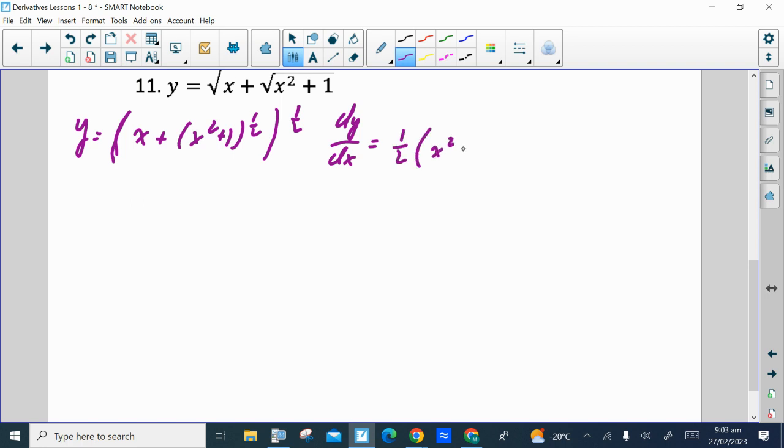So it'll be x plus x squared plus 1 all to the power 1/2. And then this power decreases by 1 to negative 1/2. But then we have to take the derivative. We multiply by the derivative of what's inside that big bracket. And what's inside that big bracket is x plus x squared plus 1 to the 1/2.